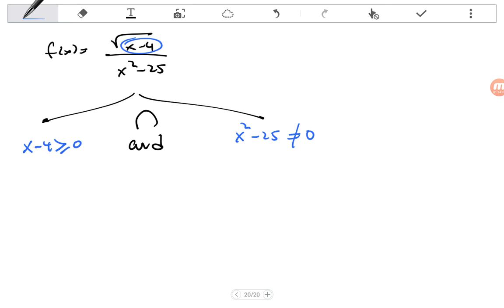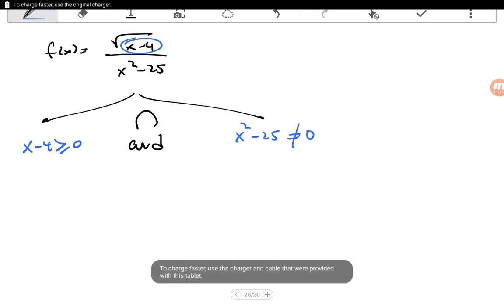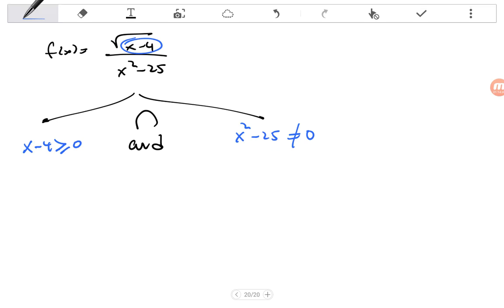And I need to find the solution of these two restrictions at the same time. That will give me x greater than or equal to 4. And this is expressed in the number line from 4 closed like this.